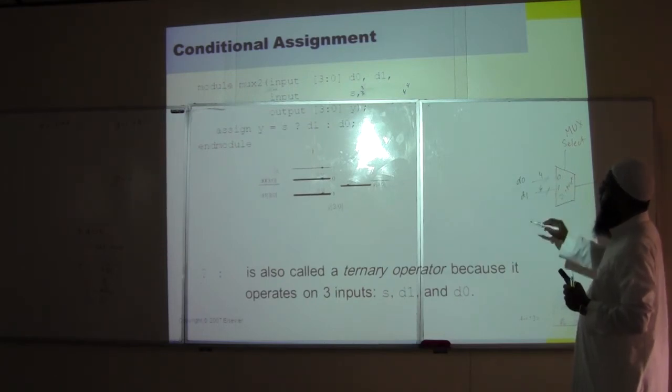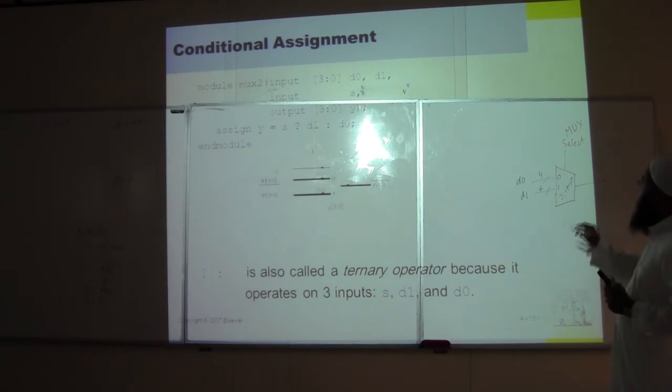And output Y is also 4 bits. And the select bit is your S. Right? So for this circuit, this is an input, these are also inputs, and you will get an output.